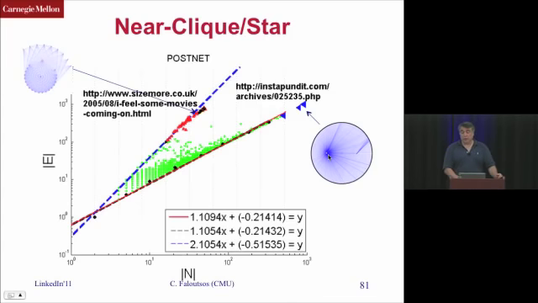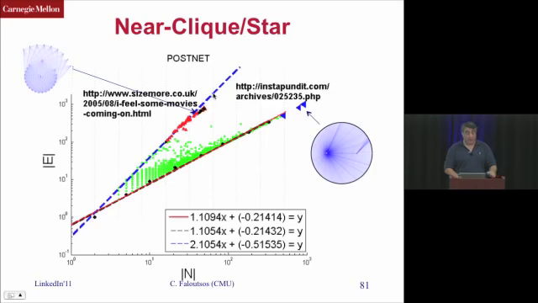And if we look at its vicinity, well, it's hard to see it because it has a lot of friends, but it looks like a star. There are some of the people that point to this blog who are friends between themselves. They are pointing to each other, but mainly it's a star. So this line, not surprisingly, with slope 1 corresponds to star-like egonets.